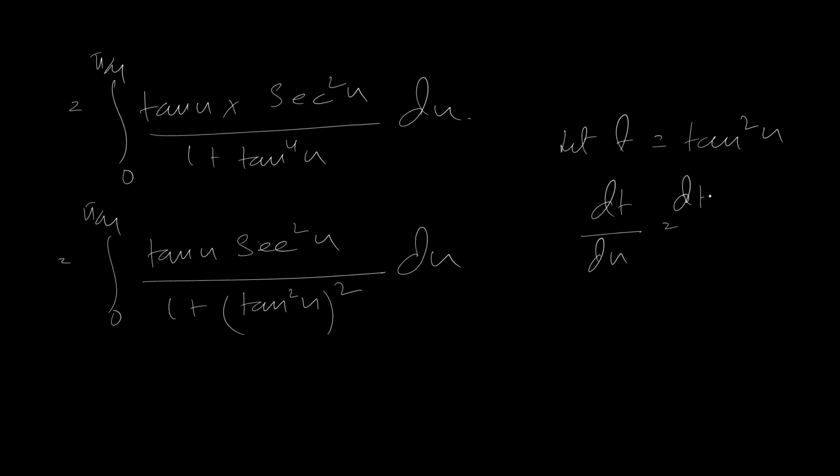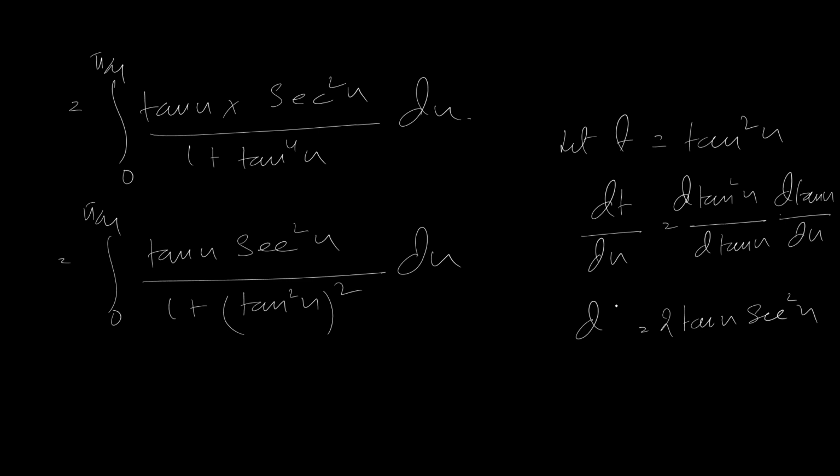If I differentiate it, this is d tan square x by d tan x into d tan x by dx. So this will be 2 tan x, and the differentiation of tan x is sec square x. So dt by dx is equal to 2 tan x sec square x. So this one will become dt by 2 is equal to tan x sec square x dx. You see, I got the numerator.